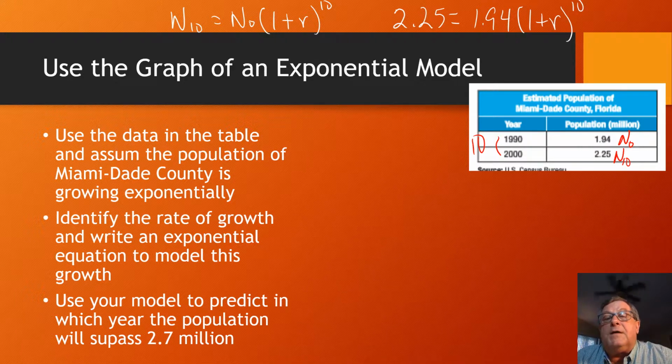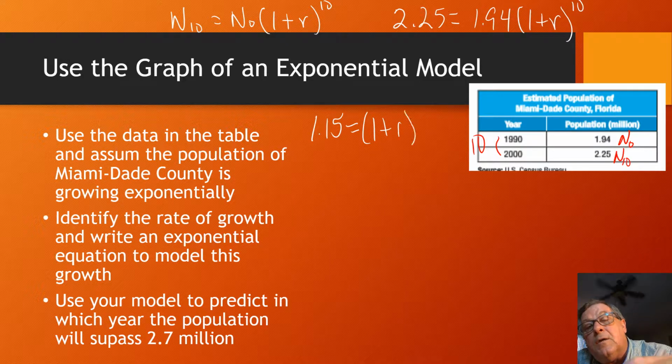Well, to solve this, I can start off by dividing both sides of this equation by 1.94. In other words, I take that 2.25 and divide it by 1.94, and that is going to equal 1.15. It may have had more decimals, but I stopped with that. And then I've got 1 plus the rate raised to the 10th power.